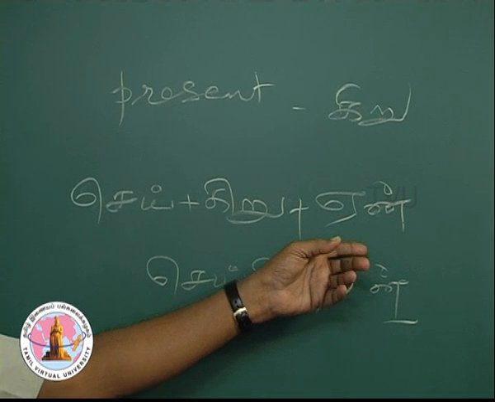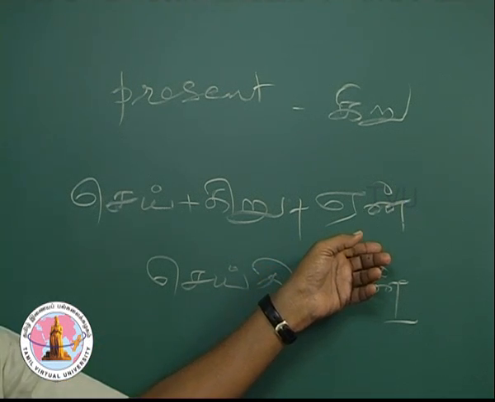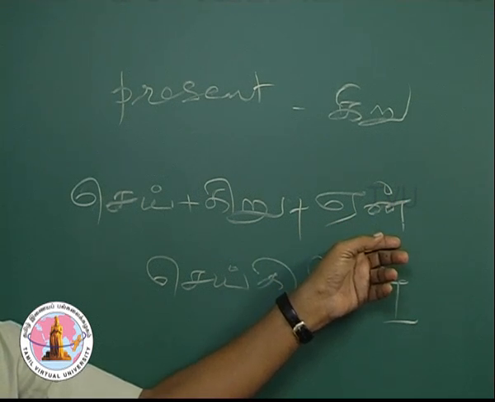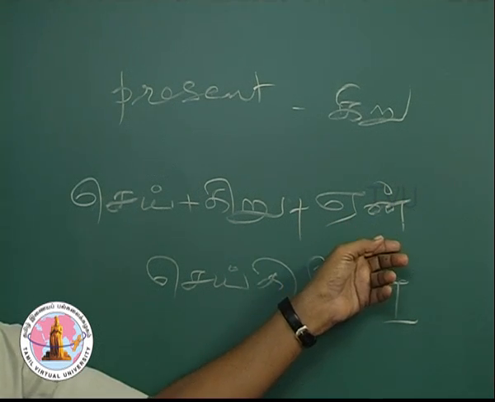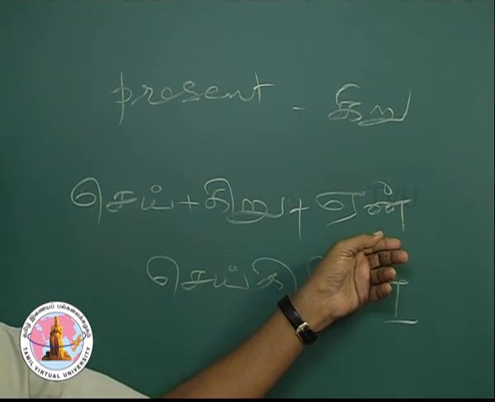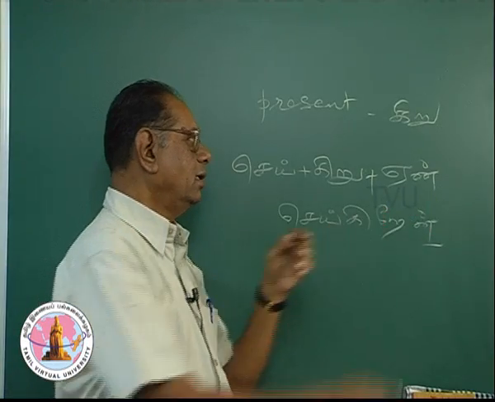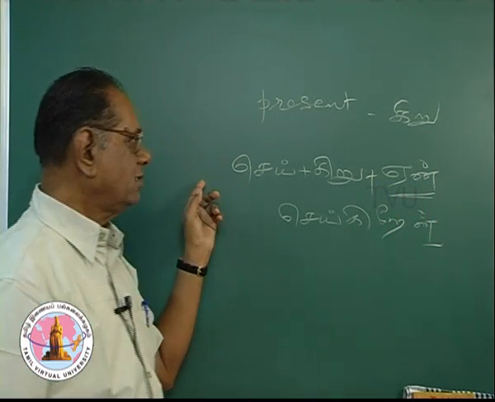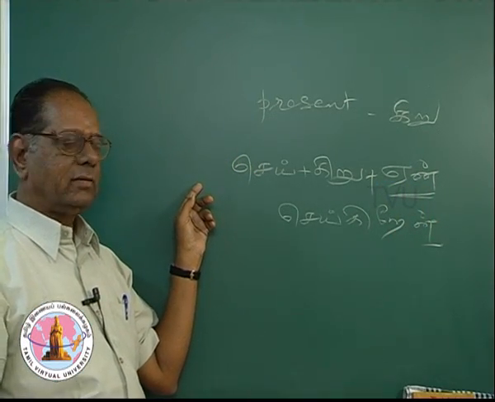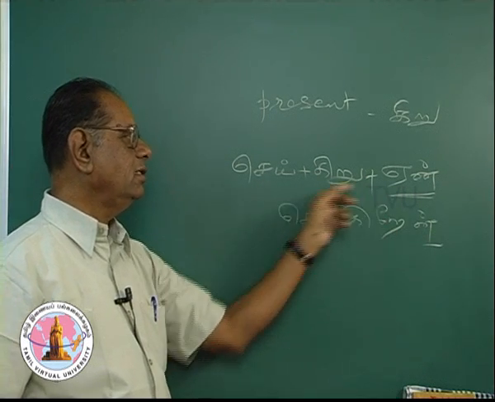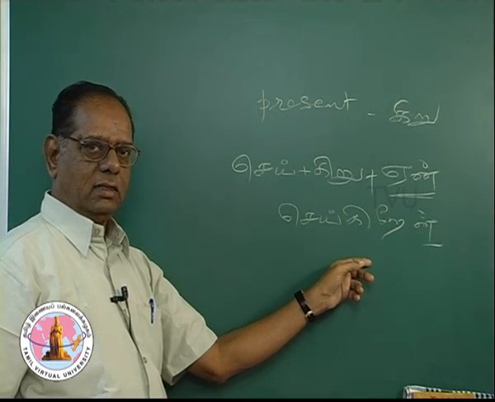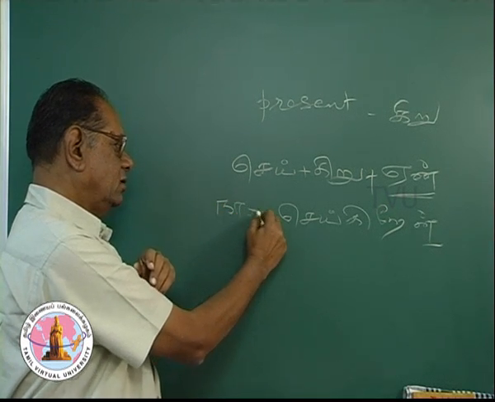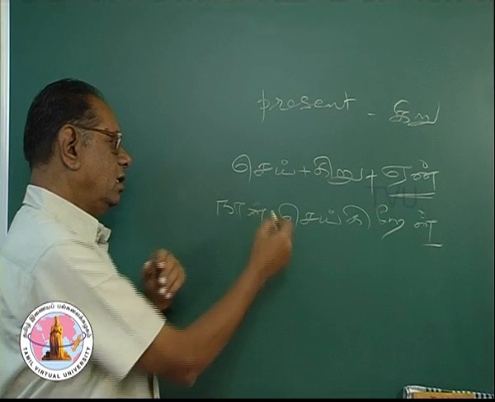Now, what is this yen for? We call it a personal suffix or a person marker. By person marker, I mean that which indicates the person of the subject. செய்கிறேன் must have a subject, and the subject is naturally a noun.